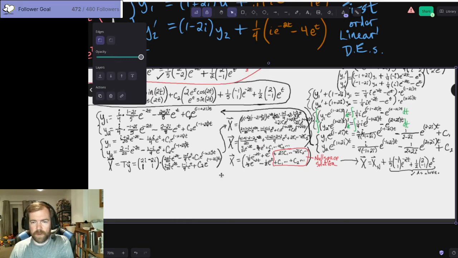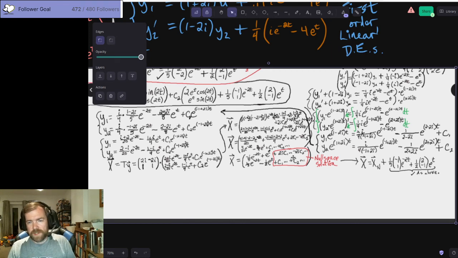And then when we boil it down, it does end up with negative 1/5 e to the negative 2t plus e to the t plus 2i times c1 plus a bunch of other stuff. In this case, it's c1 and c2 with e to the lambda 1 and e to the lambda 2 that we had from before.